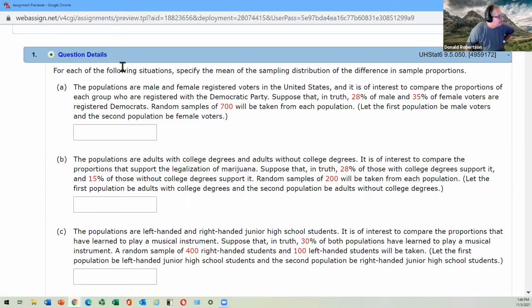We are being asked, for each of the following situations, to specify the mean of the sampling distribution, which is basically asking what p1 take away p2 would be. So 28% take away, males first, wasn't it? Let's check. Yeah, so take away 35%. Won't the answer be negative 7%?